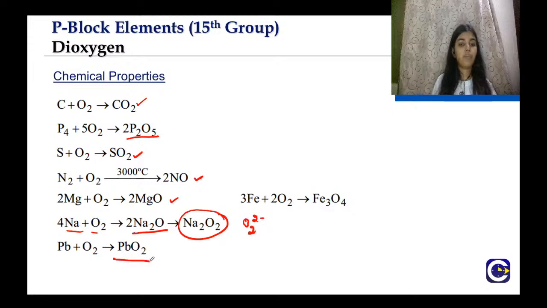Pb plus O2 gives PbO2, and Fe plus O2 gives Fe3O4, which we have studied, a mixed oxide of FeO and Fe2O3. So these are examples of how dioxygen combines with non-metals and metals to give the corresponding oxides.